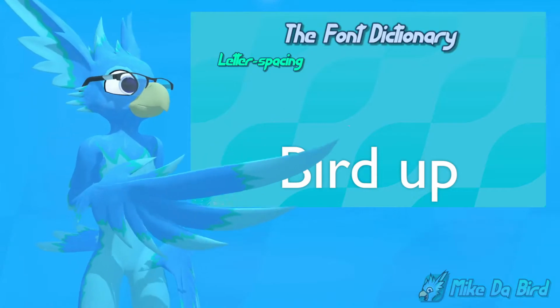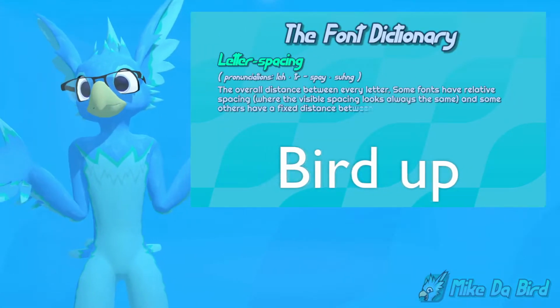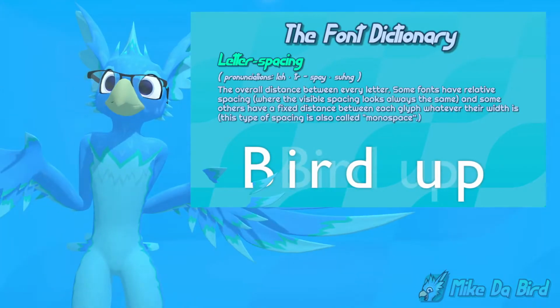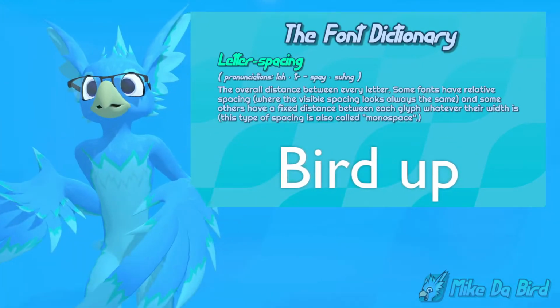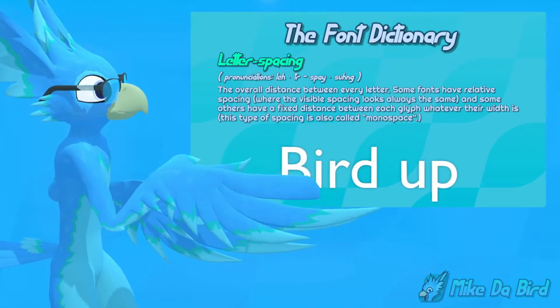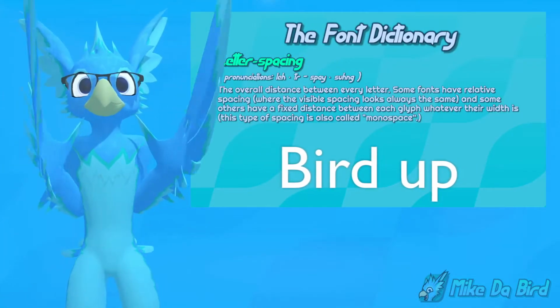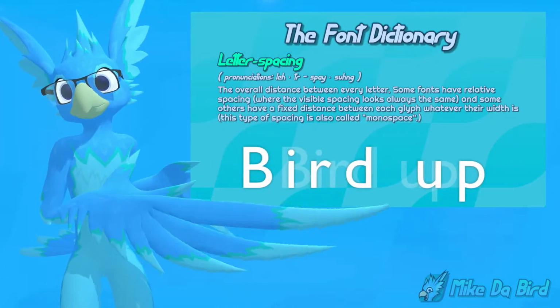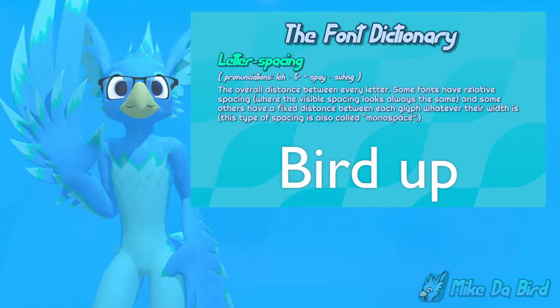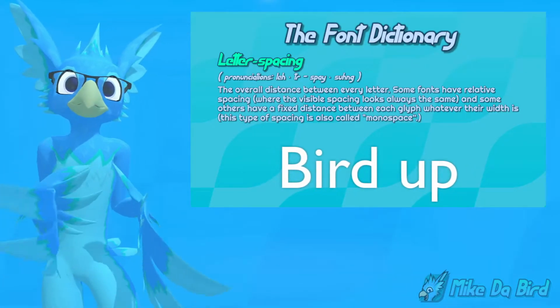Letter spacing is the spacing between the characters globally. Some fonts have a relative spacing where all the space looks the same, like the space between B, I, and R, they all look the same even though the width of each character is different. And some others have a fixed distance between each glyph, whatever the width is.